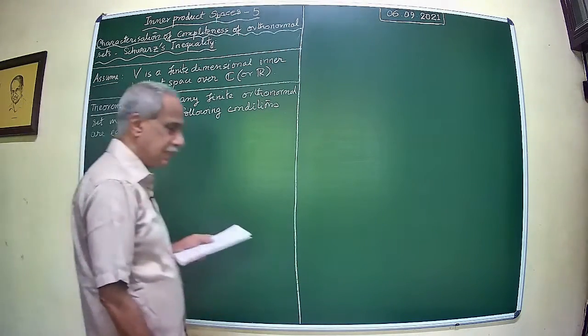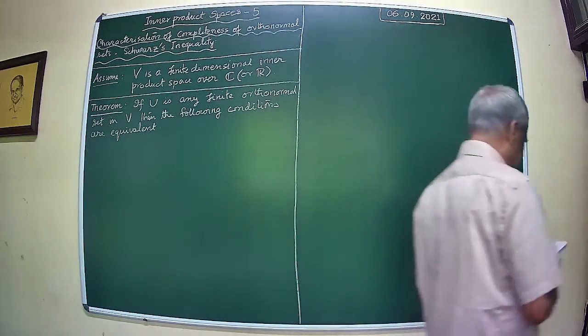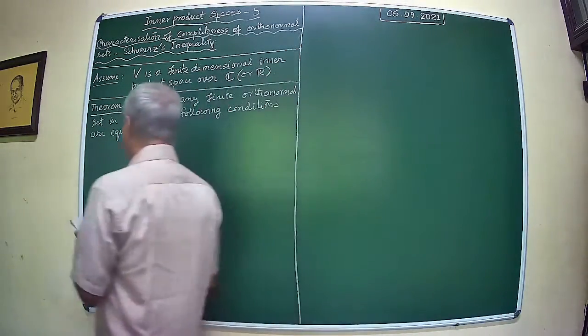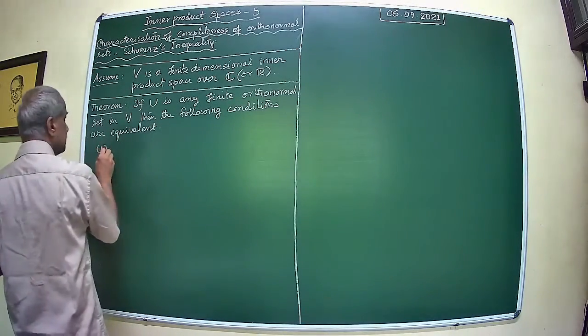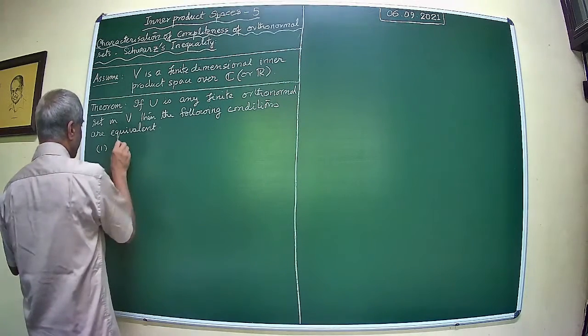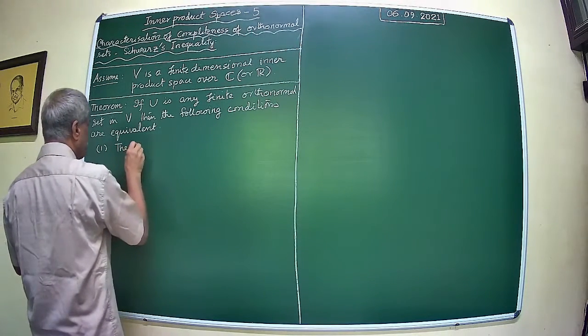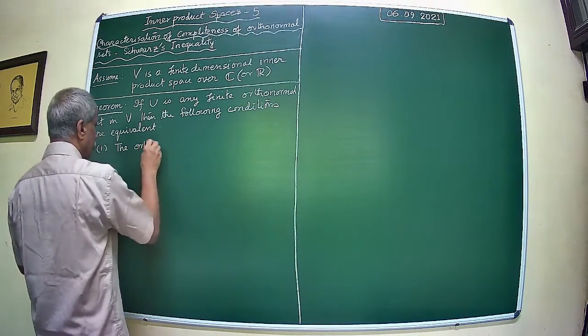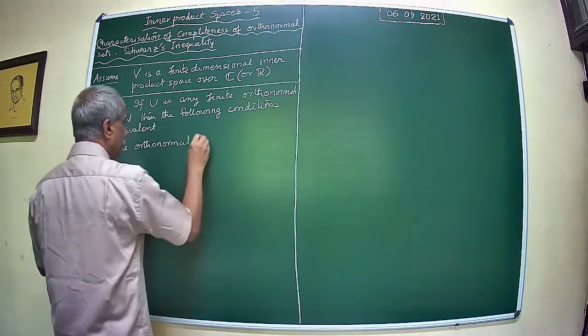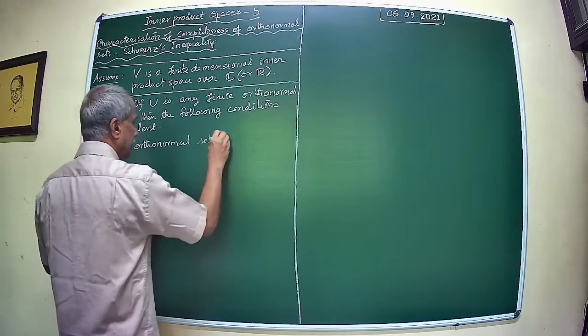So let us list them out, the equivalent conditions. Now the first statement is the orthonormal set is complete.